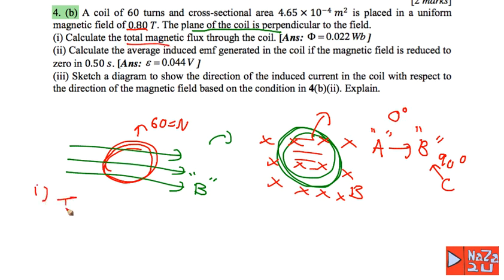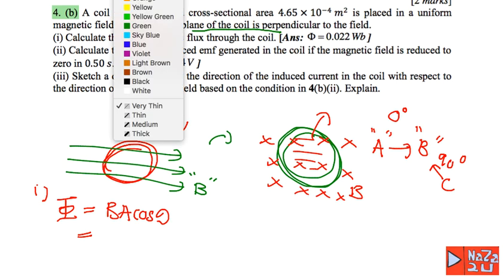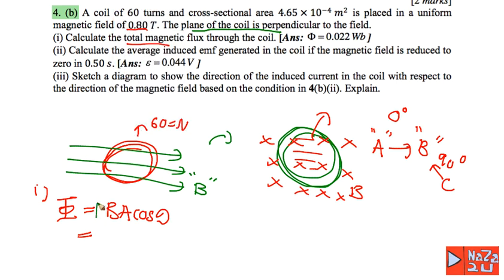Number 1, magnetic flux is given by the equation N B A cos theta. So you have a number of turns, times B A cos theta. When the coil is perpendicular, the theta here is equal to 0 degrees, and cos 0 degrees is equal to 1.